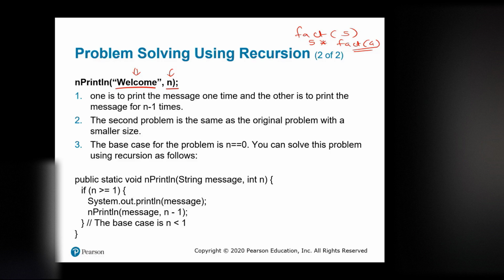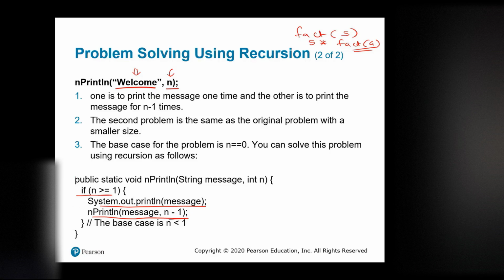So we print the message once, and next time we pass n minus 1 to the same function. Now it will again print and reduce, again print and reduce, up till what? We need a base case till n reaches 1. As soon as n reaches 1, we print, and when we reduce it to 0, it will stop.